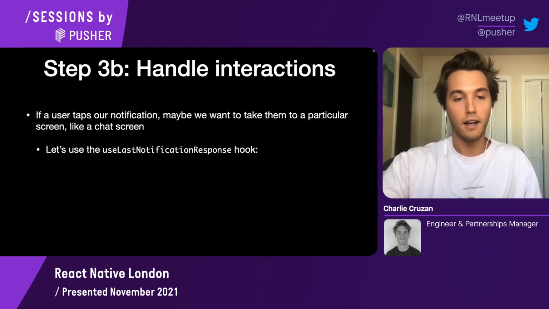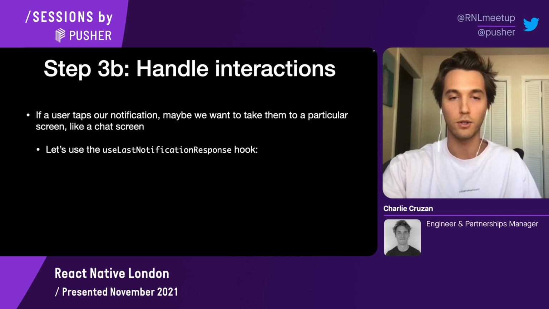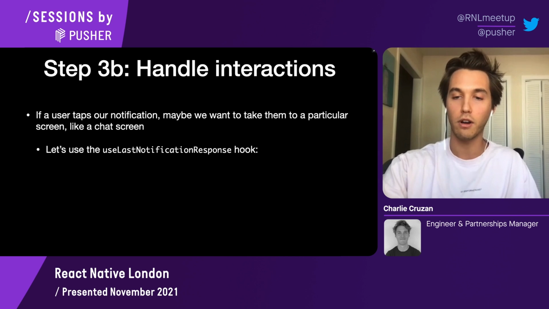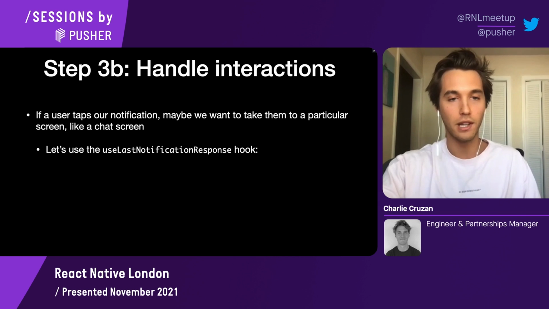Cool. So finally, let's say our user has interacted with the notification, like by tapping it, and we want to navigate to a certain screen. Since everyone likes React hooks, we're going to use the useLastNotificationResponse hook here, which is exposed by the notifications library. It functions just like the name suggests, gives you the last notification that our app has received.